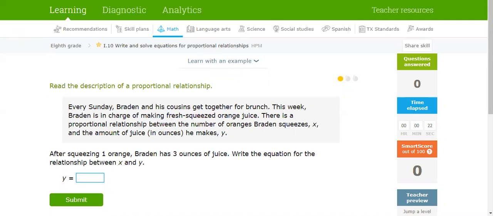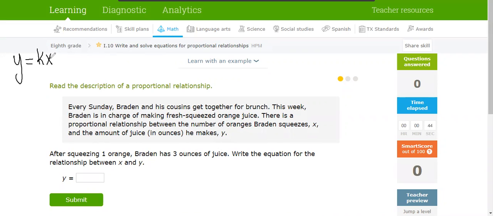Okay, so first of all, let's remember the equation for proportional relationships. The proportional relationships will be in the form of y equals kx. So k is the constant of proportionality here. And we are going to look at the questions.